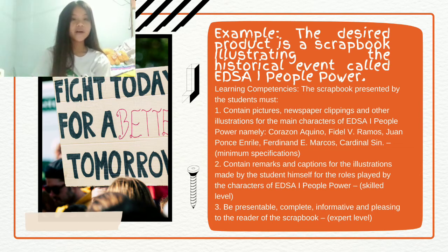Second, contain remarks and captions for the illustrations made by the student himself for the roles played by the characters of EDSA 1 People Power, which is the skilled level. Last, be presentable, complete, informative, and pleasing to the reader of the scrapbook, which is the expert level.